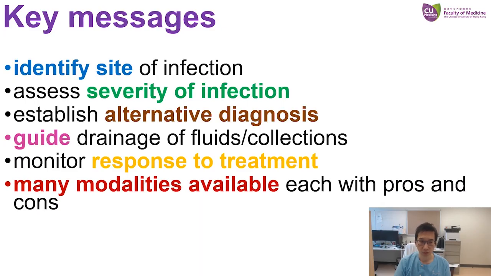And also we've discussed the different modalities which are available, some of the pros and cons, and some of the common things that could be picked up by each of the modalities.